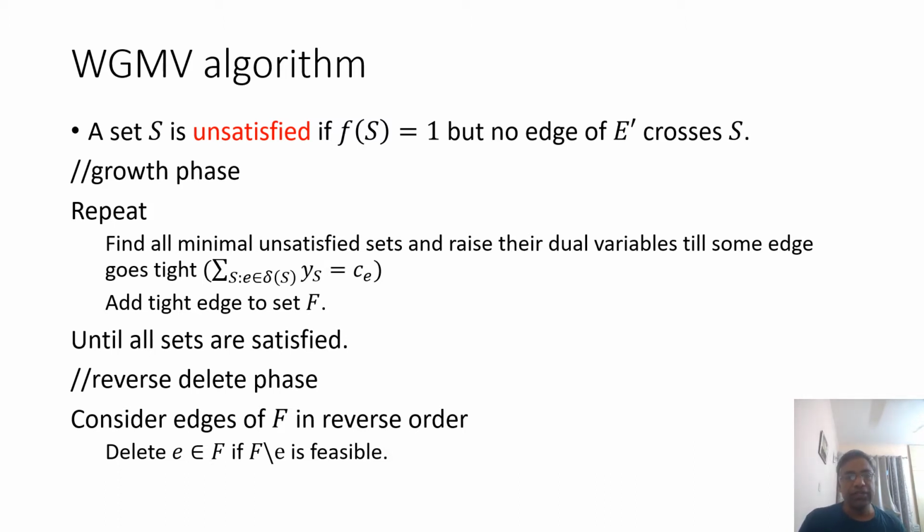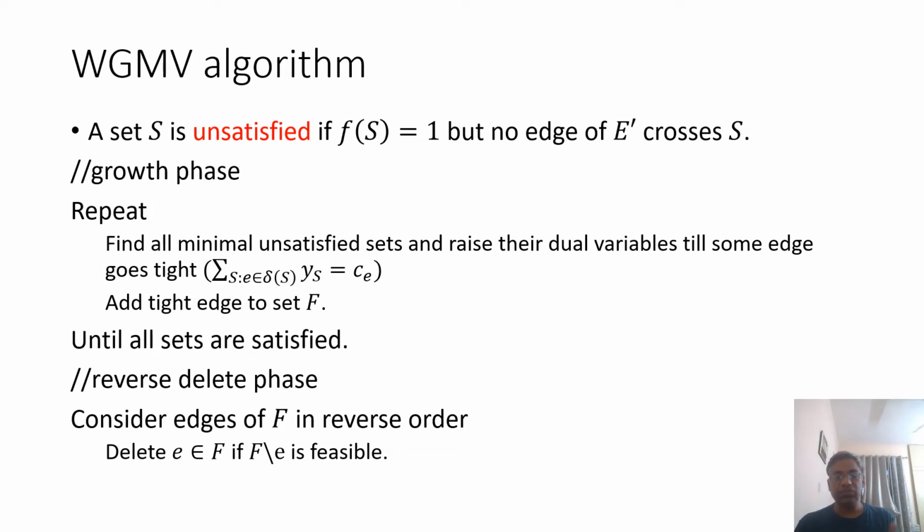The algorithm is actually very simple. It says a set is called unsatisfied if it has a requirement of 1, but there is no edge in E prime, recall E prime is the set of edges we are picking, that goes across the set S. And so the algorithm begins by identifying all the unsatisfied sets, in fact the minimal unsatisfied sets, and it raises the dual variables corresponding to these minimal unsatisfied sets.